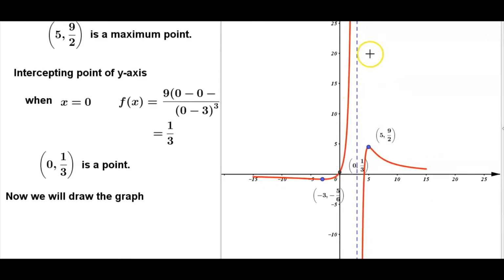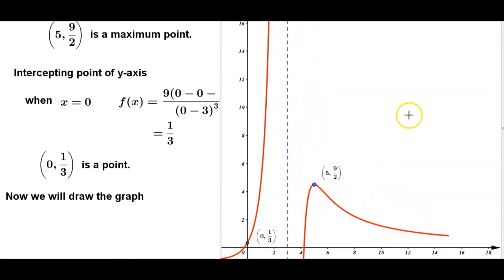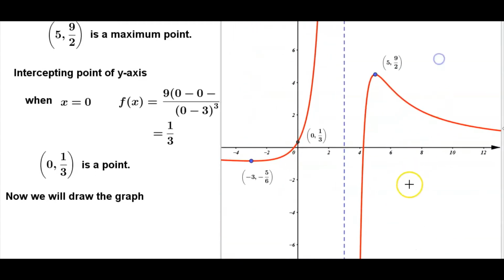Then I draw it again. Minimum point, intercept, then approaches here. And we can zoom this graph like this one.